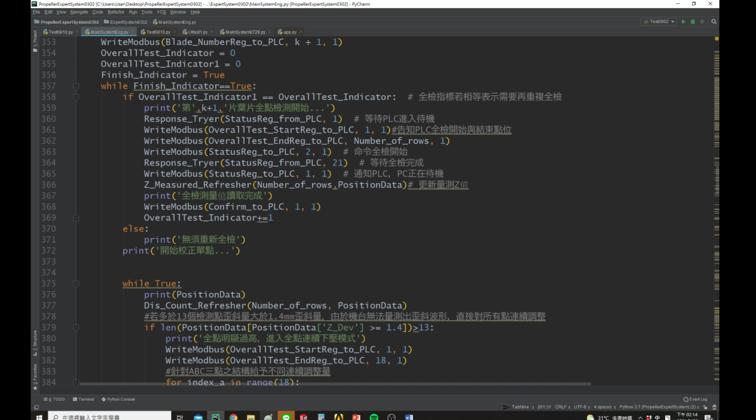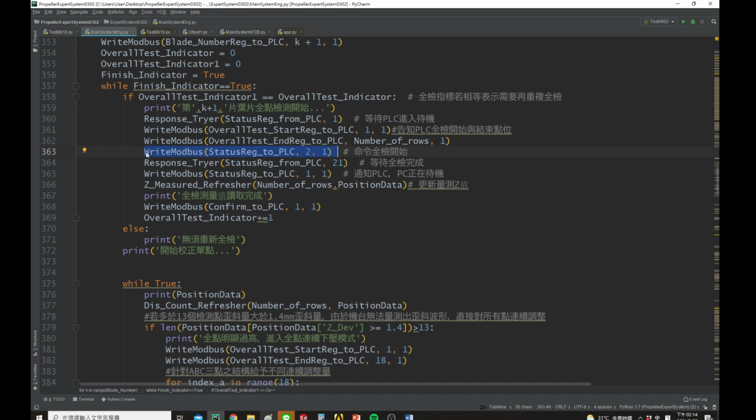Here I write the order telling the machine to start the overall test. The machine starts automatically, finishes the overall test process, and then calls back a status code.